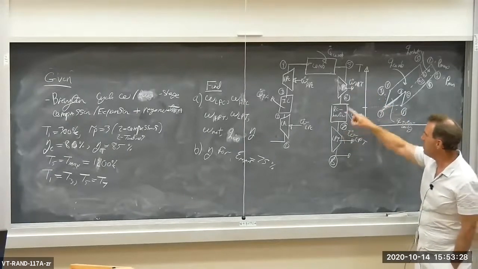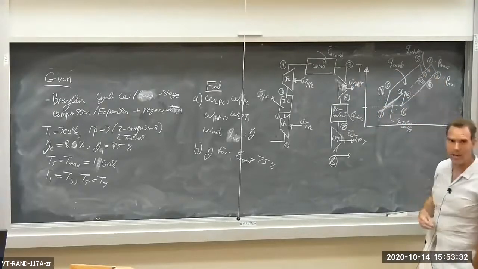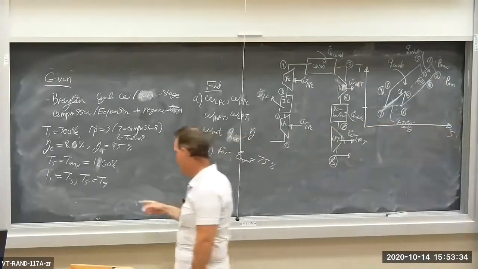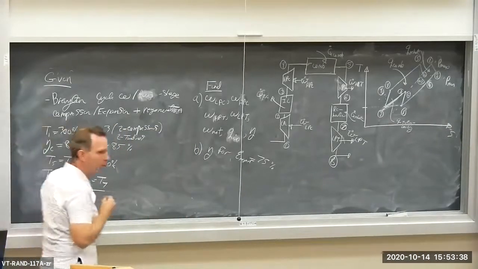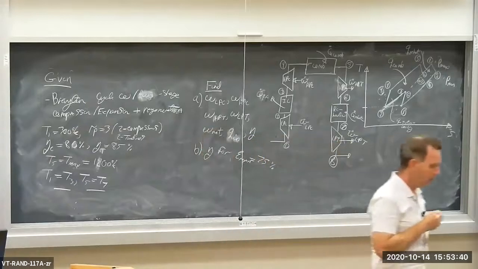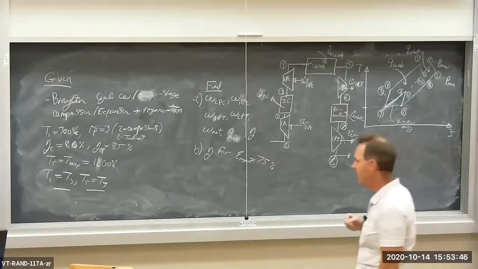So T7 is equal to T5, and T3 is equal to T1. So we're specifying the amount of intercooling and reheating that has to occur in the cycle, okay?